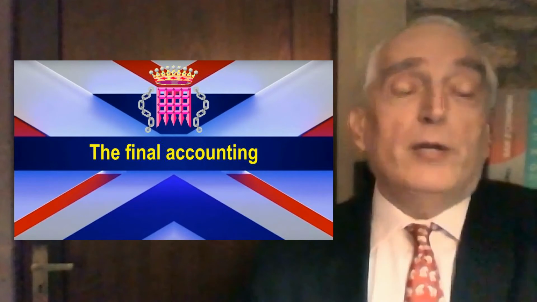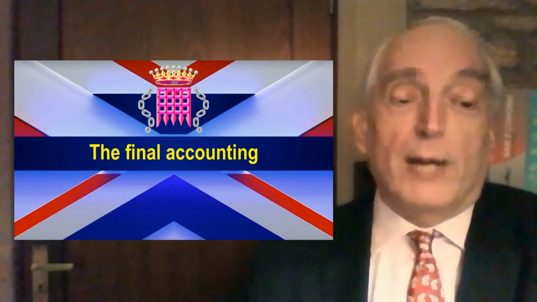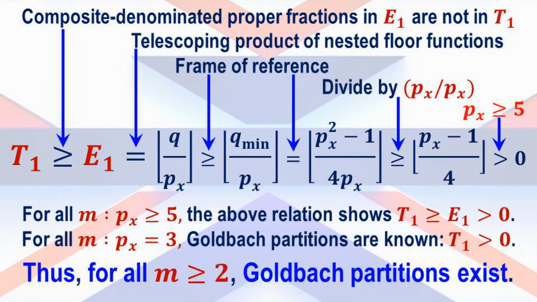So now we can do the final accounting that just wraps up the proof. We can see here that T1 is greater than or equal to E1 because of the composite denominated proper fractions in E1 that are not in T1. We can see that E1 is the telescoping product of nested floor functions, and that comes down to the floor function on Q over Px.